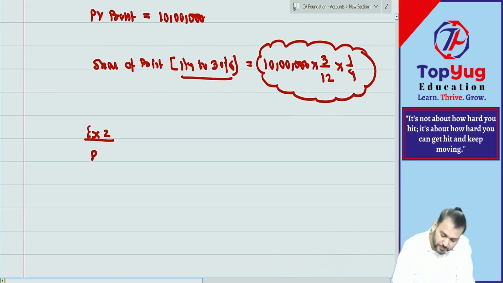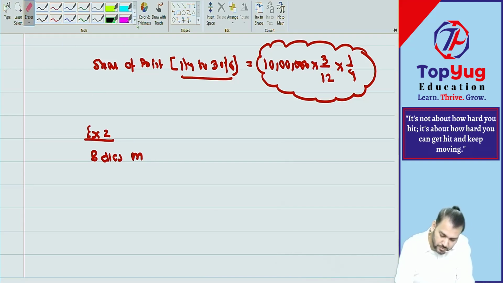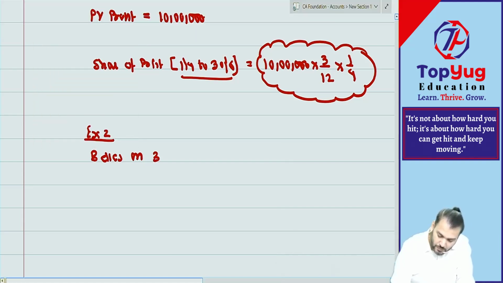Example number 2. B dies on 30th June 2022. His share in profit is 1/4.